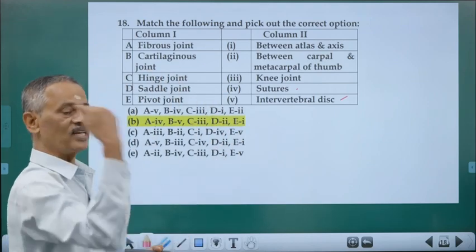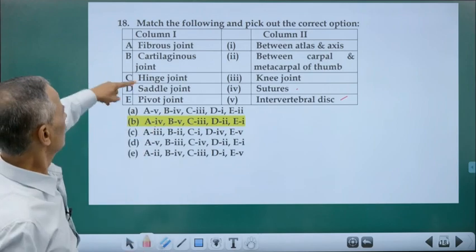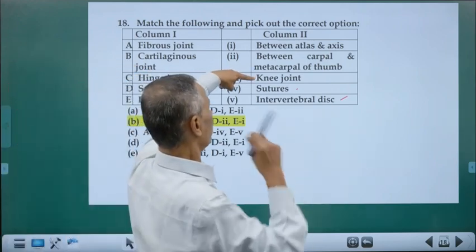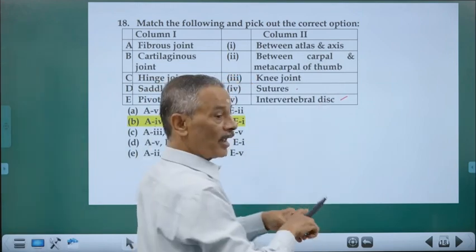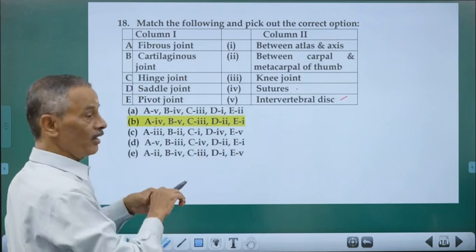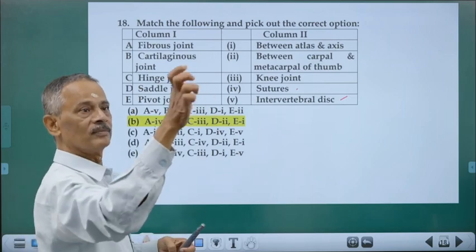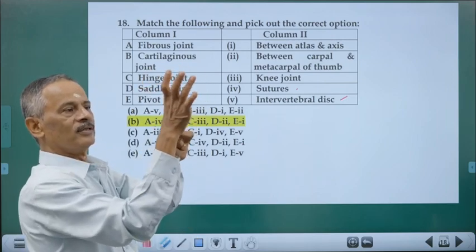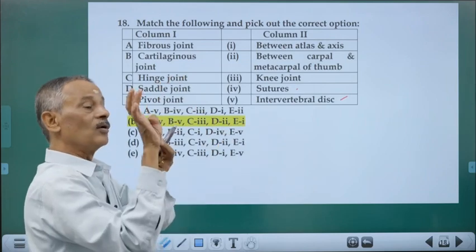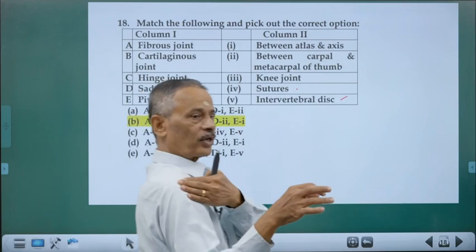It is monaxial. They are called monaxial. They will be moving in one direction. Where? Knee joint, elbow joint, etc. And also the joints between the phalanges. Saddle joint. The joint which is almost similar to, but not as mobile as, our ball and socket.